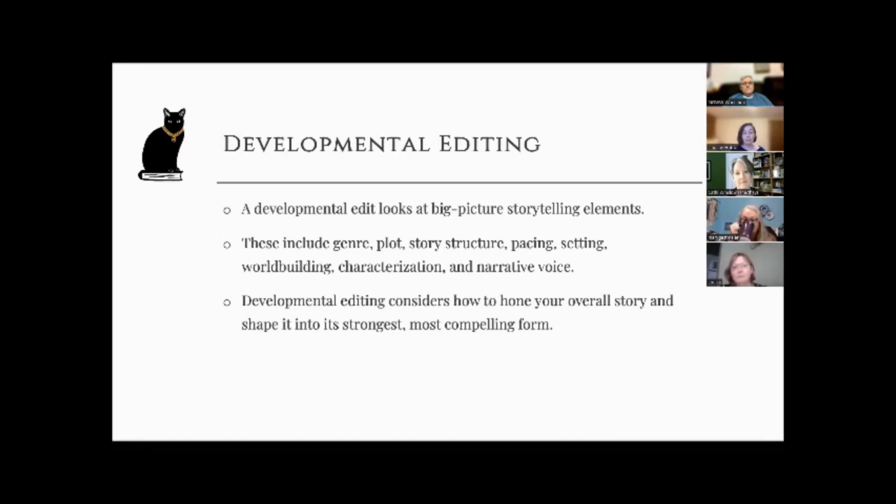So a developmental edit looks at how to take your overall story and shape it into its most compelling form. It will look at things like genre, plot, story structure, pacing, setting, world building, characterization, narrative voice, all of those things. It'll look at it as a whole and figure out how best can we tell this story.